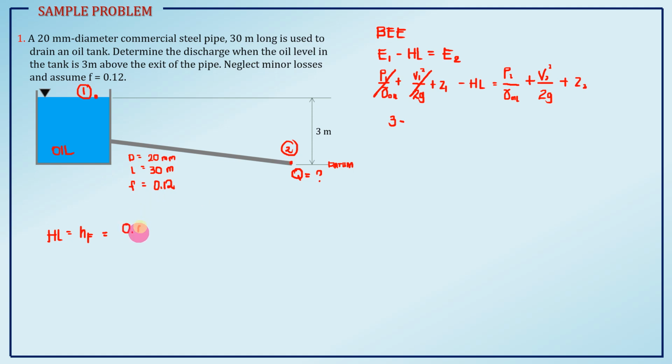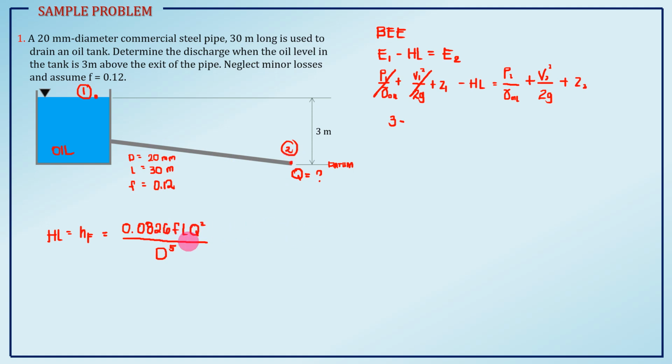It is 0.0826 FL Q squared over D raised to 5. We will just substitute the given diameter, length, and friction factor there. Q is the flow rate in the pipeline, and that is also the Q at point 2, the discharge.